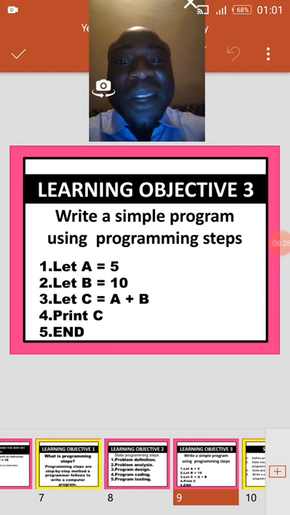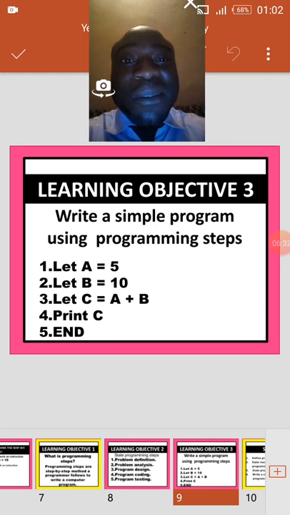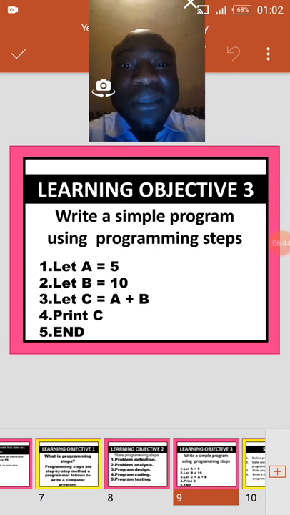If you look at the steps, from step 1 to 5, a computer must follow them before the computer can give you the answer as 15. Step 1, let A equal 5. Step 2, let B equal 10. Step 3, let C equal A plus B. Step 4, print C. And step 5, end.